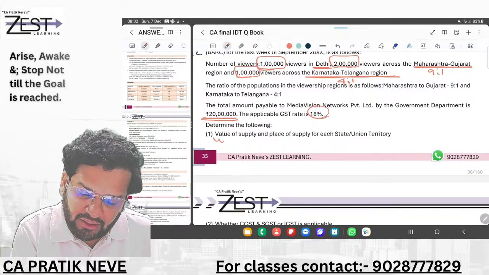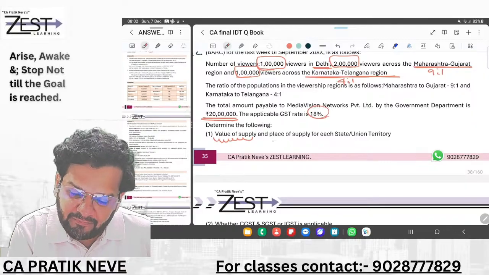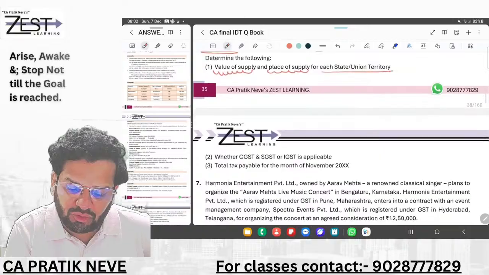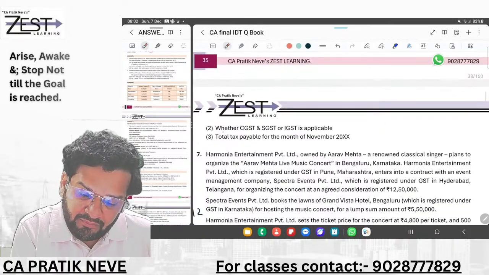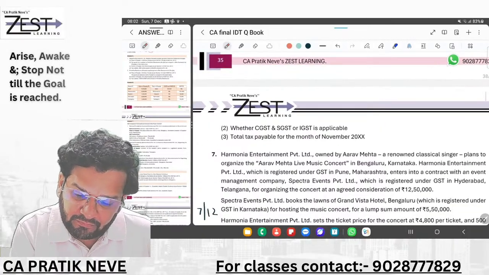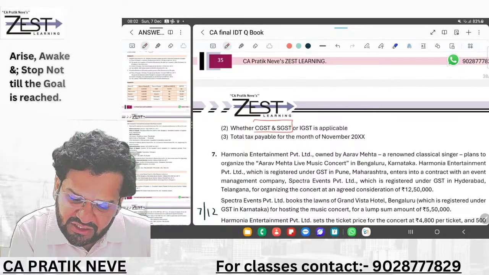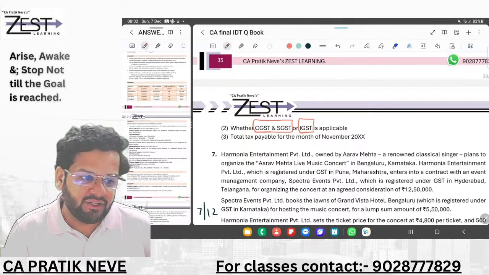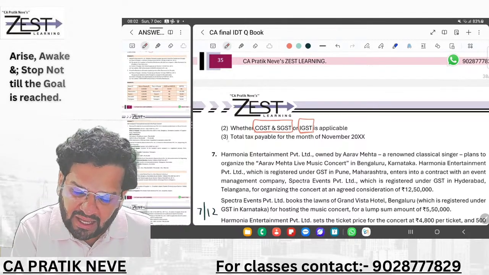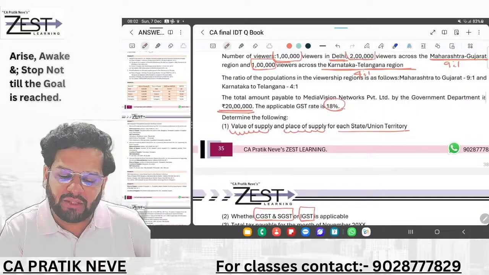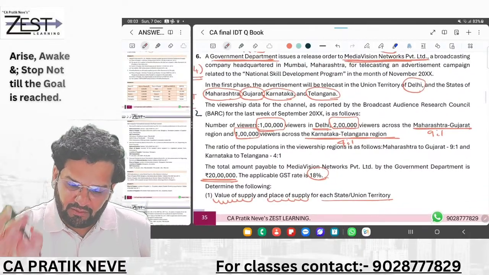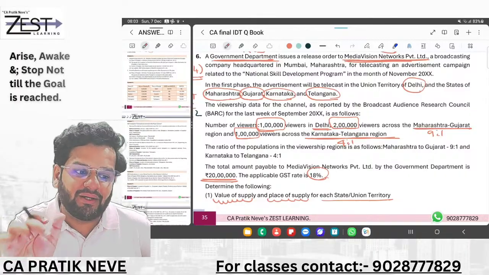You have to calculate value of supply and place of supply for each state or UT. Then you have to tell whether CGST and SGST or IGST is applicable, and then you have to talk about total tax payable. We'll do that step by step. Now what to do? 20 lakh rupees.